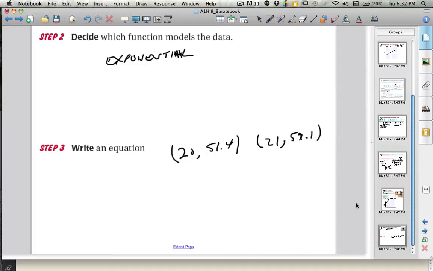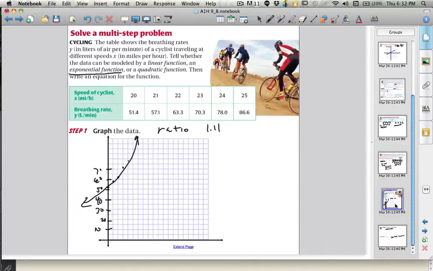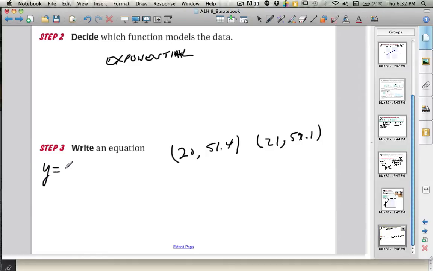Okay, and remember that we already knew that our ratio was 1.11. So I know that I'm working in this form, y is equal to a times b to the x power, and the b is 1.11. So I have a times 1.11 to the x power.